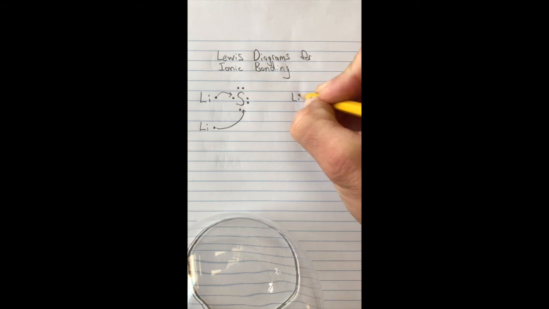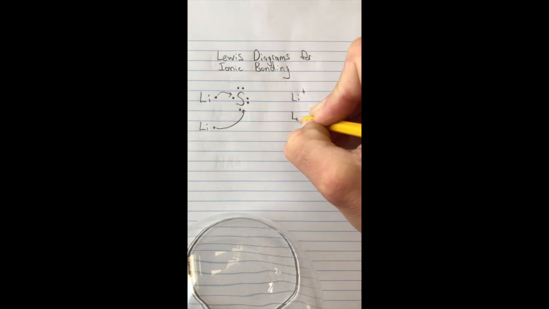The result of this is 2 lithium ions and a sulfur ion. Now the sulfur ion has gained 2 electrons to achieve a stable configuration, and its charge is -2. And so when we think about a particle diagram, we have this 2-to-1 ratio of lithium to sulfur.